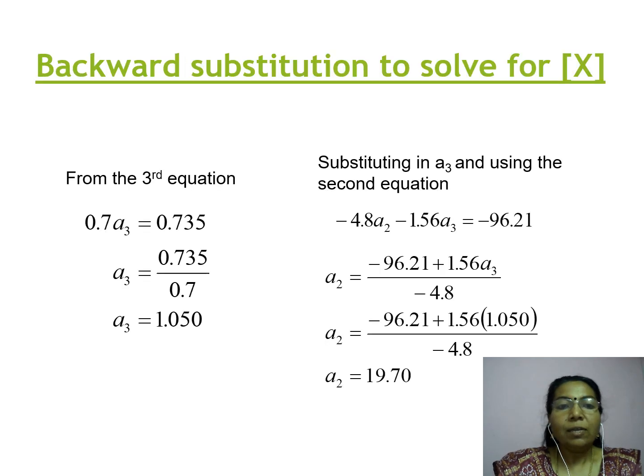While doing the backward substitution, from the third equation, 0.7 A3 equals 0.735, we get the value of A3 as 1.050. Now we substitute the value of A3 in the second equation, that is minus 4.8 A2 minus 1.56 A3 equals minus 96.21. Substituting, I get the value of A2 as 19.70.